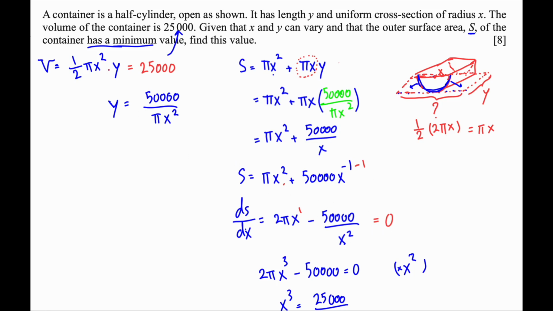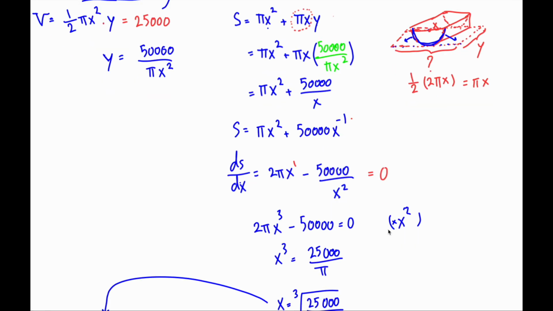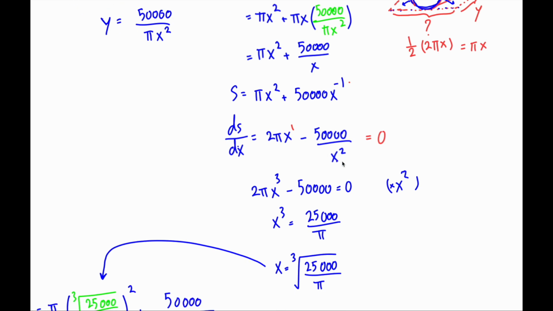Now you have to put it equal to 0, because we want to find at which value of x our surface area is minimal. What I did here is multiply both sides by x squared. Therefore, I get rid of this x squared here. x squared times 0 also gives me 0.